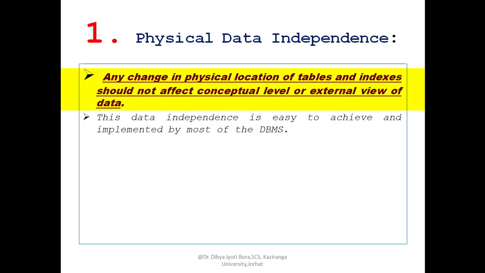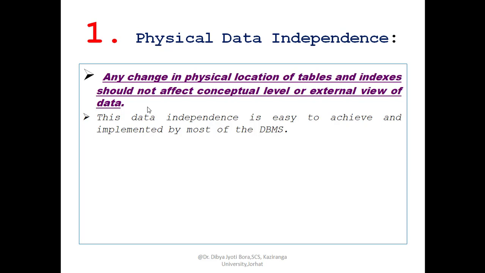What is that exactly? Physical data independence says that any change in the physical location of tables and indexes should not affect the conceptual level or external view of the data. I'm giving you an example.